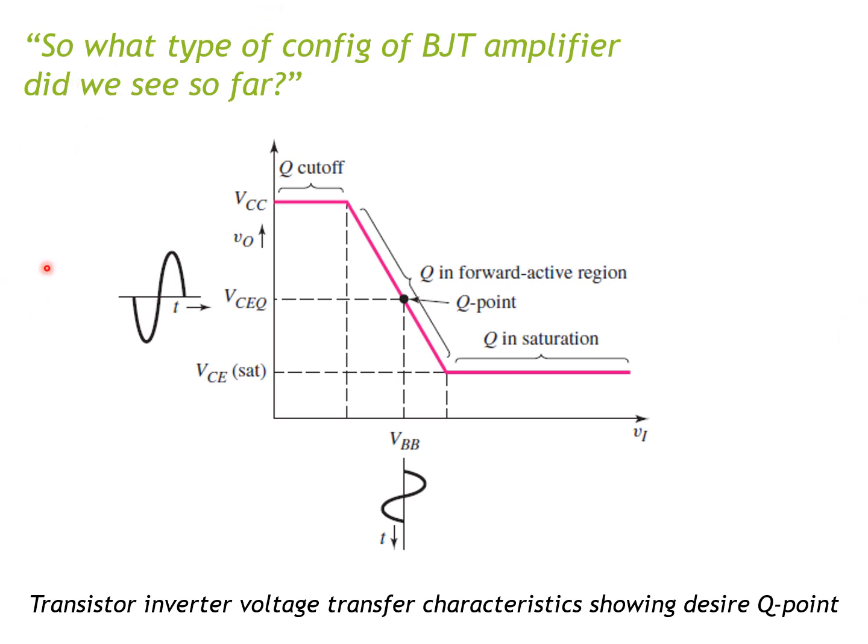Here you have the voltage transfer characteristic of the second circuit, the inverter amplifier with bias. You can see that the transistor needs to be biased with an appropriate DC voltage at the Q point.